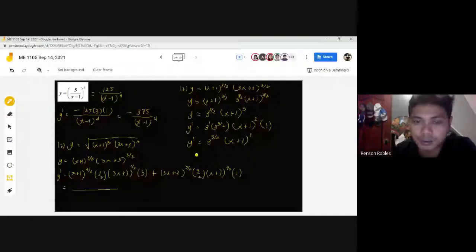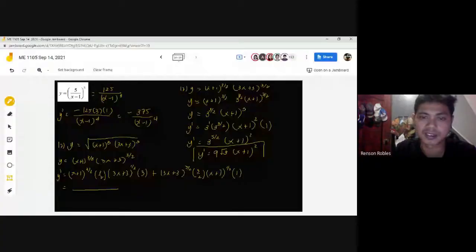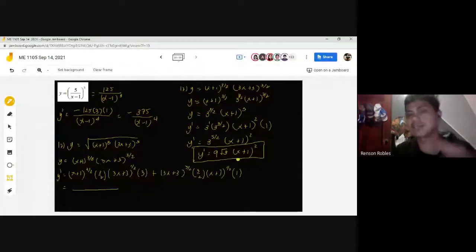Okay? Or, what would be the final answer? Ito na lang sisimplify nyo. Ilang 3 ang malalabas natin? 2. Square root of 3, then x plus 1 square. Kapag sinimplify nyo, ito din ang lalabas. So, kayo ang bahalang mamili kung anong technique ang inyong gamitin.